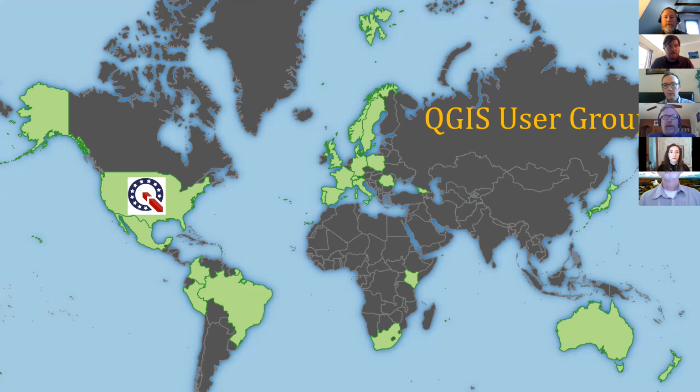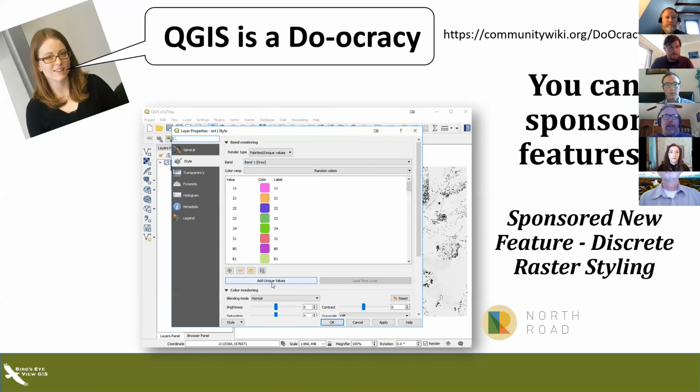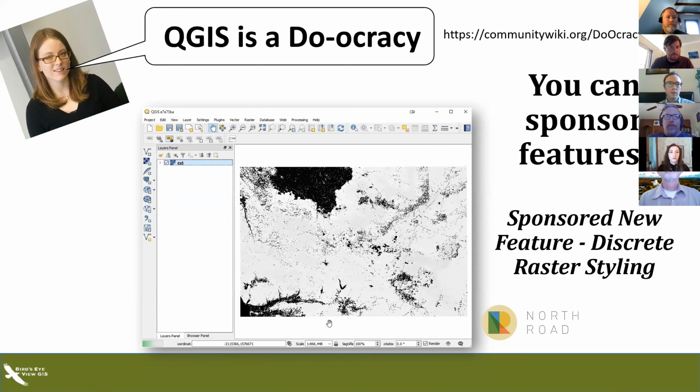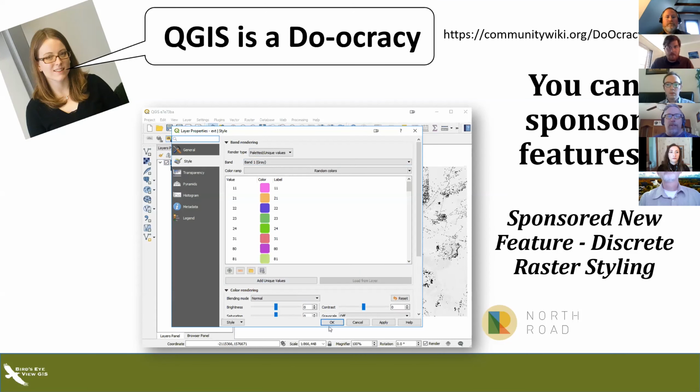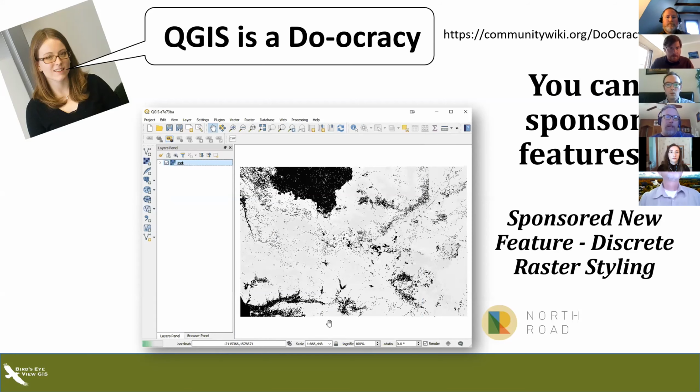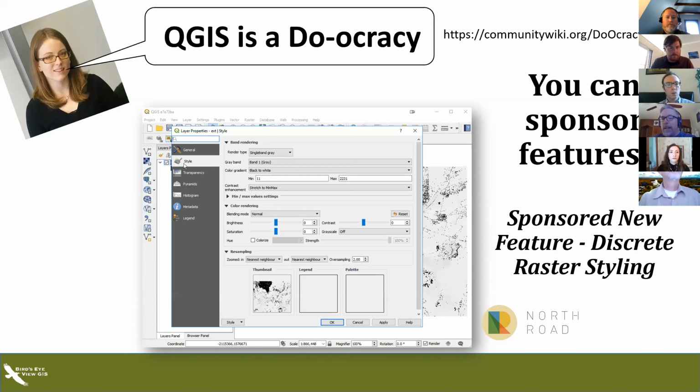And I think one of the take-home messages around a project like QGIS is that it's a duocracy. This woman here is Anita Graser, who's an Austrian who's heavily involved in QGIS, and she coined this term for QGIS a few years ago. What this means is that if there's something that you need in QGIS that doesn't exist, you can help fund that feature.